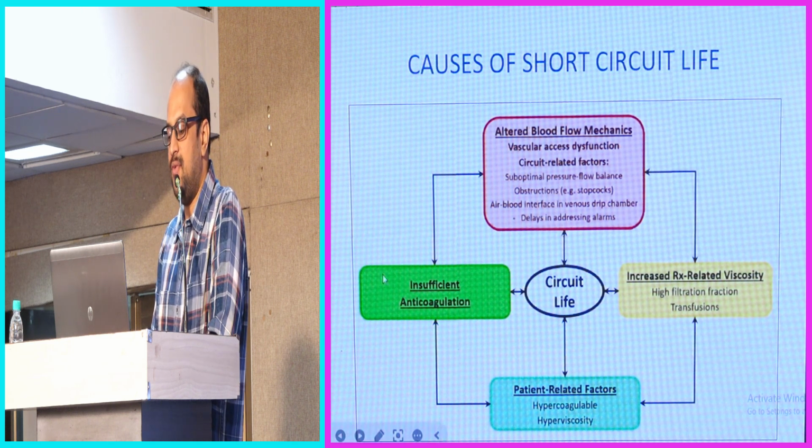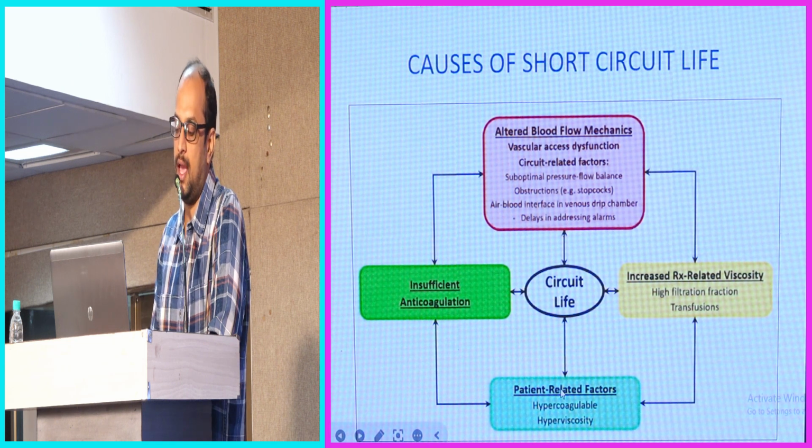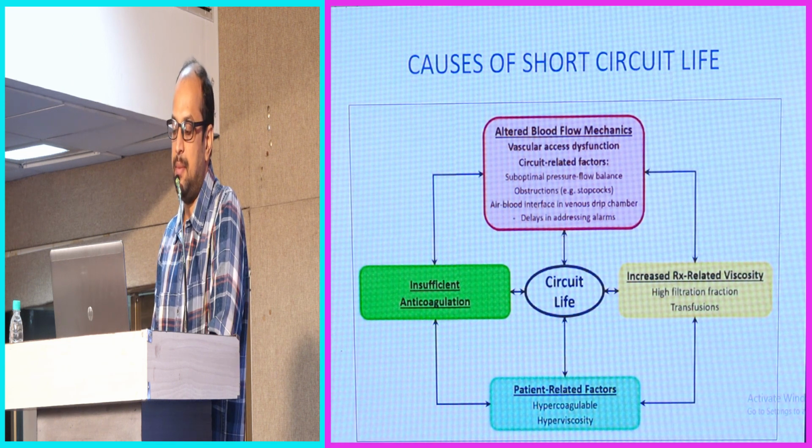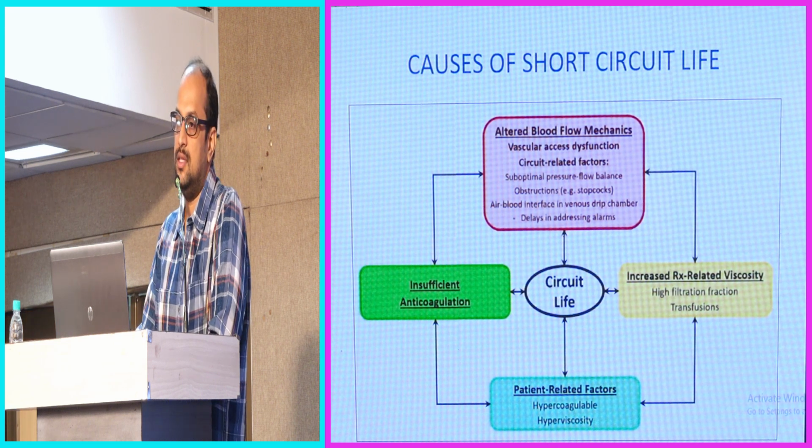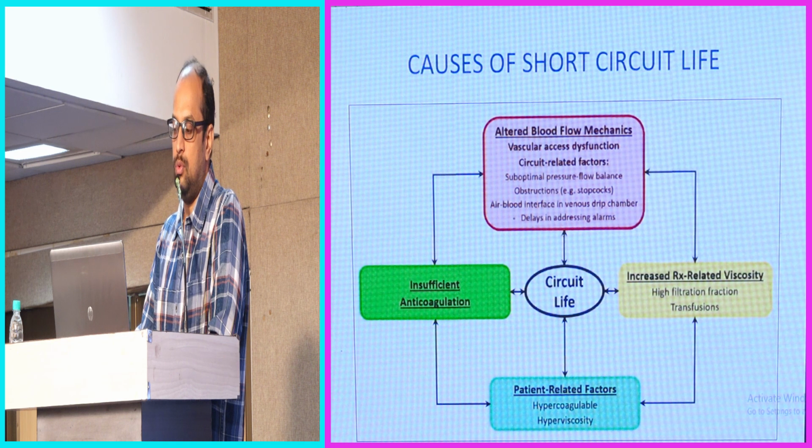Patient related factors include a hypercoagulable state or a hyperviscous state, which may cause short circuit life. And finally, coming to my topic, insufficient anticoagulation. If you don't provide effective anticoagulation, the circuit will be prone to clotting very early.